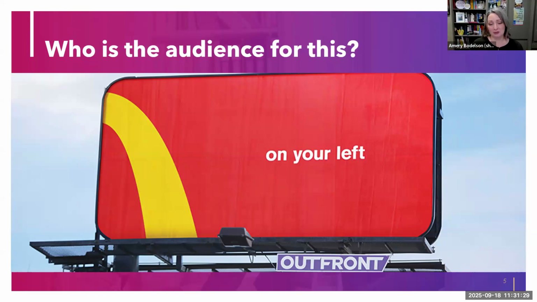You're not necessarily presuming an audience that has a lot of advanced knowledge on any topic other than, I know the McDonald's symbol when I see it. I know those colors. I know that at the next left, I have the opportunity to go to McDonald's.